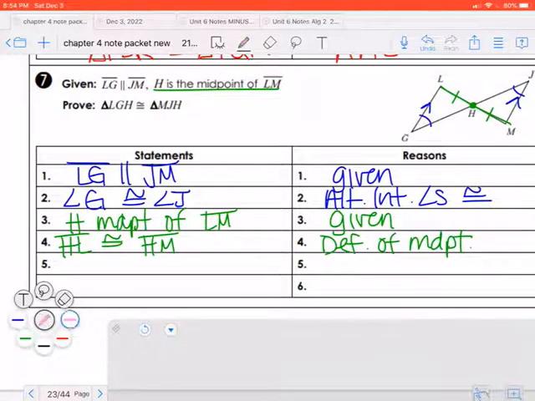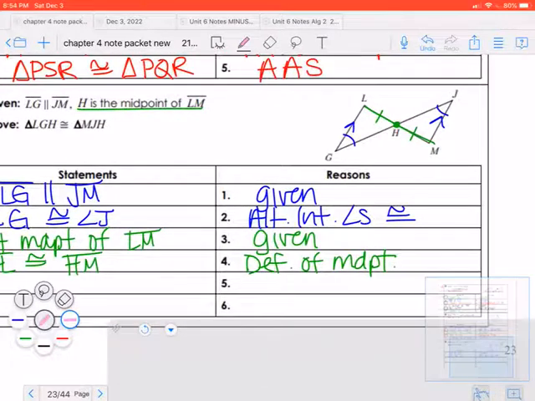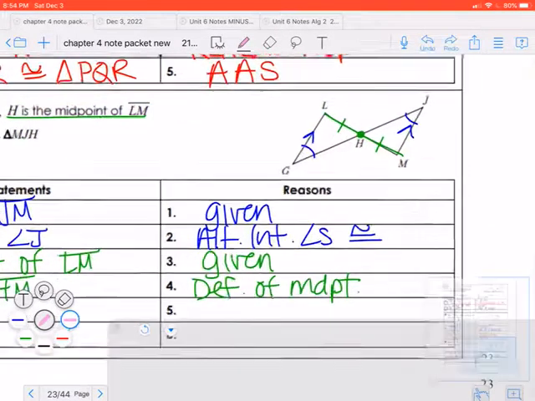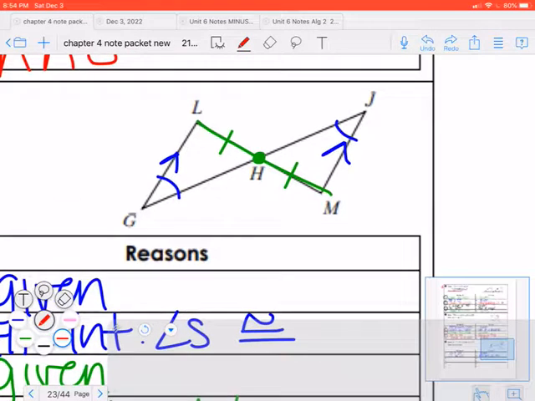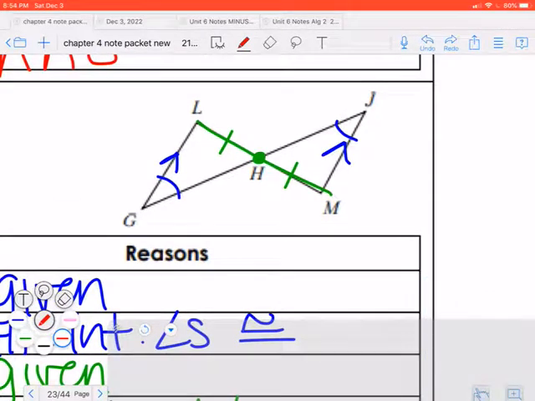Okay, so far we have angle and a side. We're out of givens. We don't have any more given statements. So let's look at the diagram. Do you notice anything? Is there anything else we can say about these triangles? Hopefully you've noticed we have two crossing segments, and that creates vertical angles.